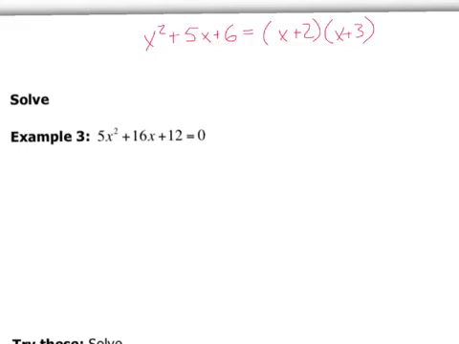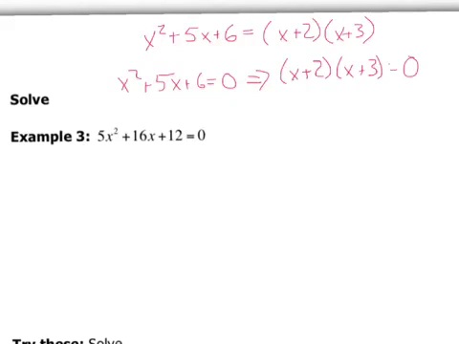Can you solve x squared plus 5x plus 6 equals 0? We don't know how to do that. So what if I factored x squared plus 5x plus 6 and I made it x plus 2 times x plus 3 equals 0? Does that make it any easier?